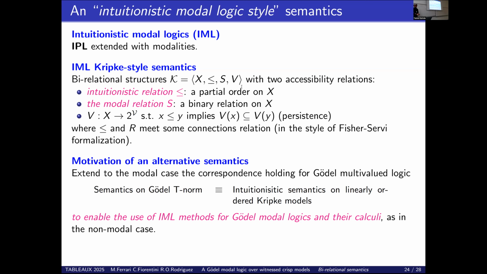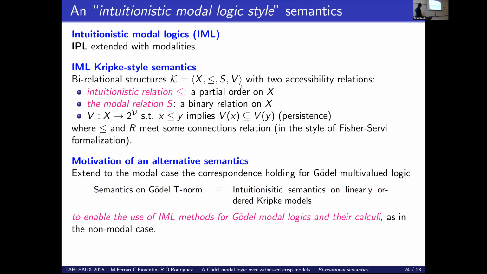The motivation for this semantics is that if we consider the propositional, non-modal case, we know that there is a correspondence between the semantics on probability norms and the semantics on linearly ordered Kripke models. We extend this correspondence to the modal case.